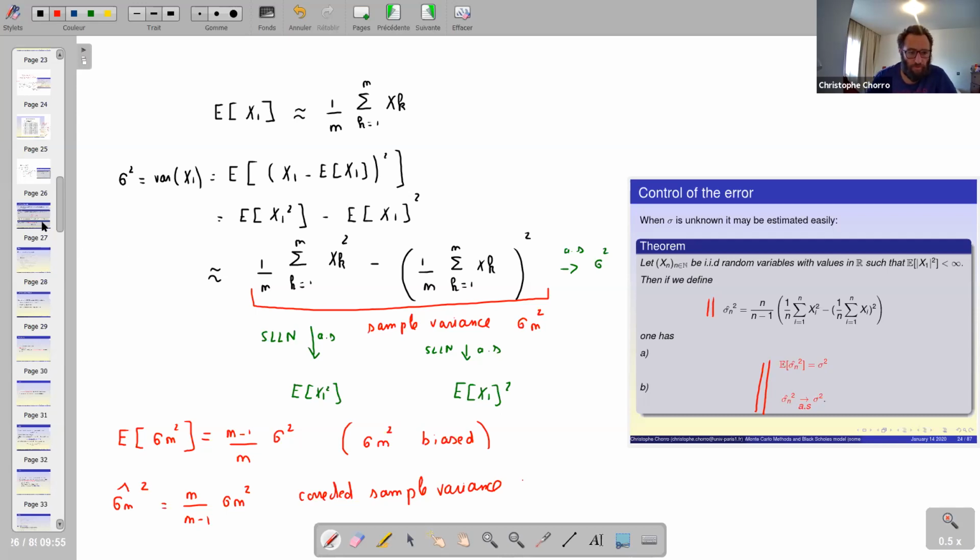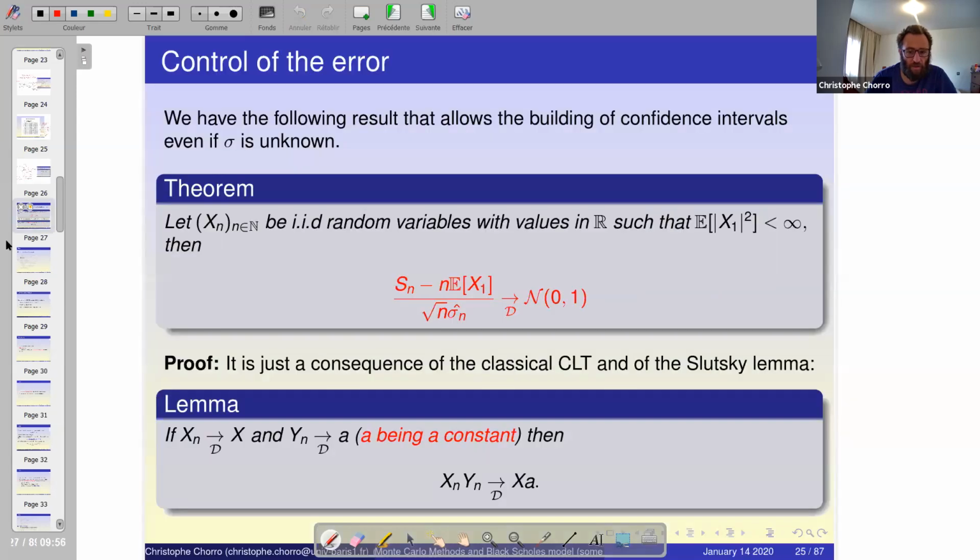And in fact, I have this result that will solve my problem. If you have IID random variables, the central limit theorem holds even if you substitute sigma n hat for sigma.